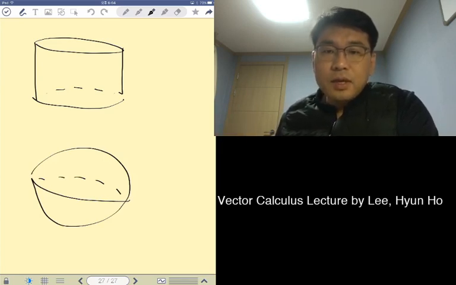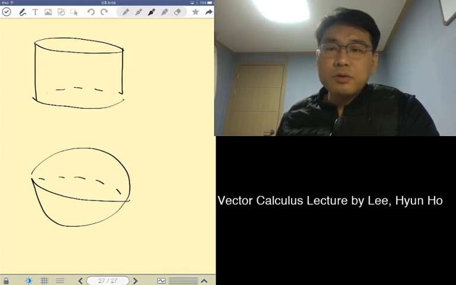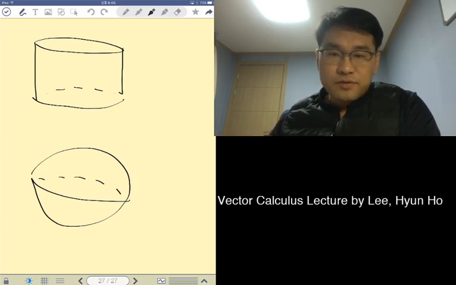But if we cannot find a parameterization of the surface, we do not call them parameterized surfaces. Okay, in the cylinder case, we know there is a parameterization. So there is a map from a domain in R2 to this surface, right? So we actually found the parameterization in the example.